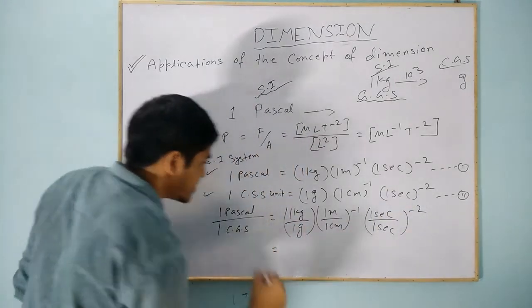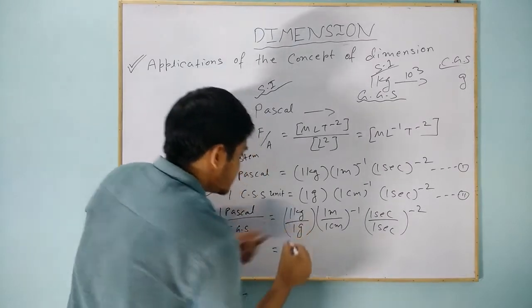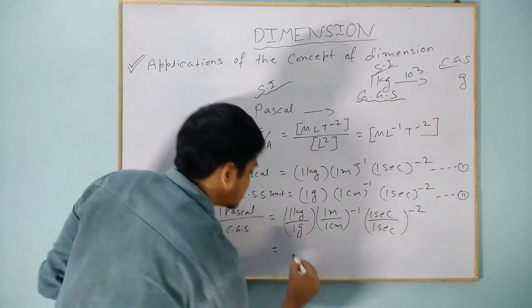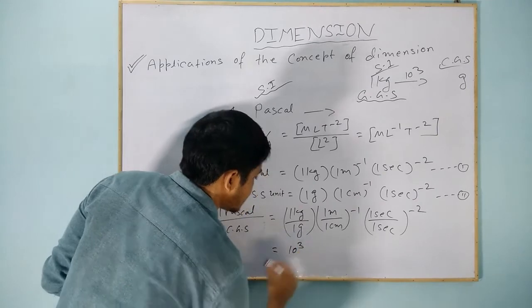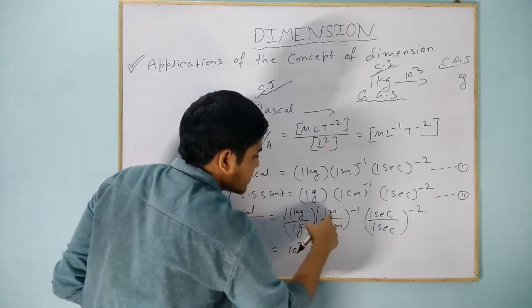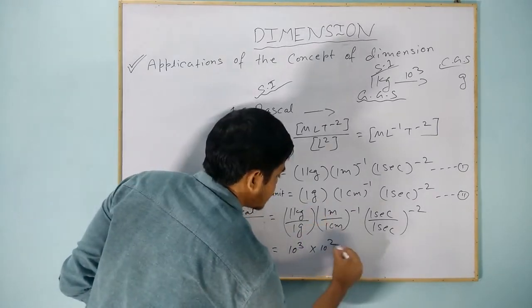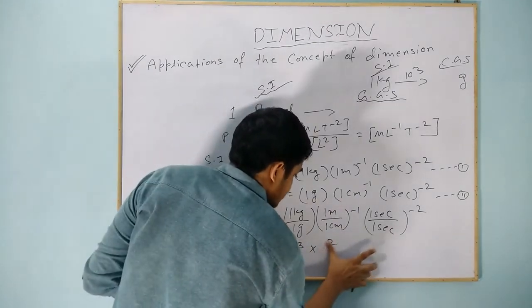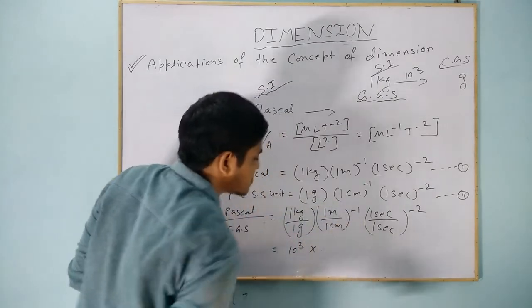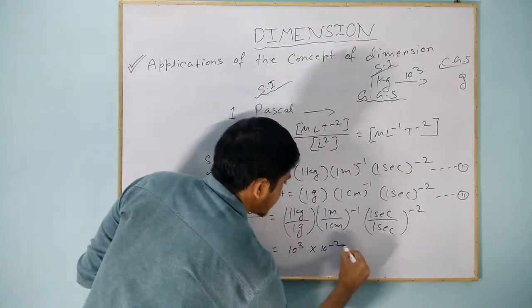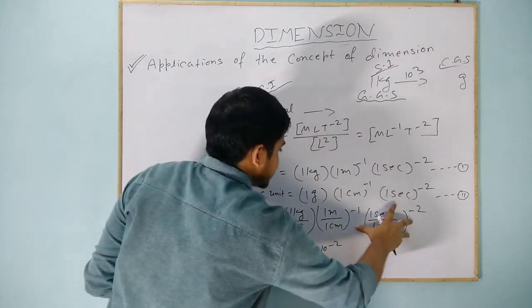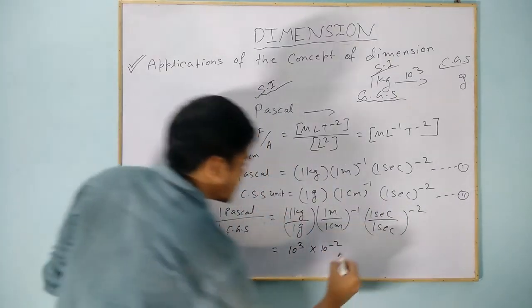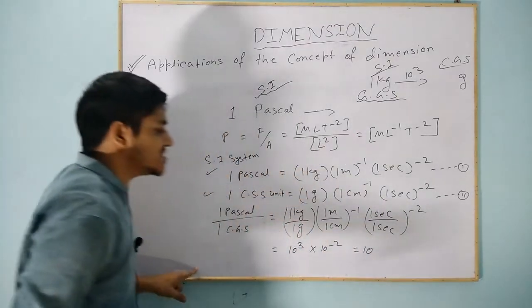We will get 1000 grams, so 10 raised to the power 3, into 1 meter is 100 centimeter, 10 raised to the power 2. Sorry, here the power is minus 1, so it would be 10 raised to the power minus 2, and this entire thing will cancel out. So from here we get the conversion factor as 10.